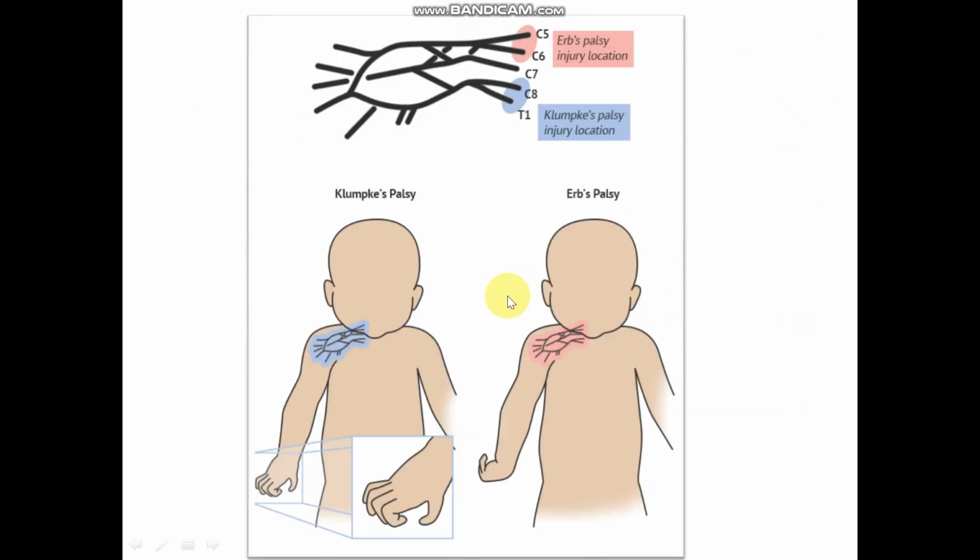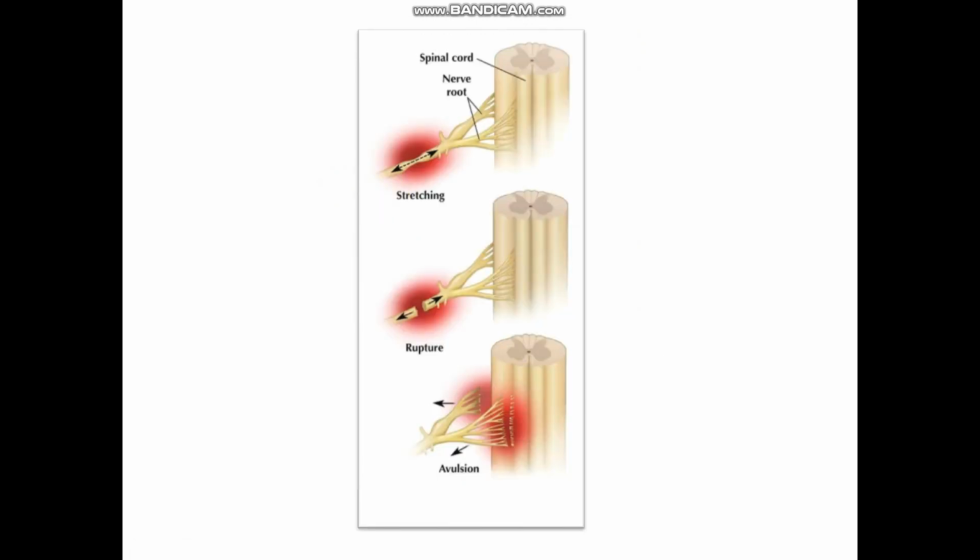So, if there is injury of the upper ventral rami of the brachial plexus, then Erb's palsy results, and if there is injury of the lower ventral rami, Klumpke's palsy results. The type of nerve injury might be stretching, rupture, or avulsion.